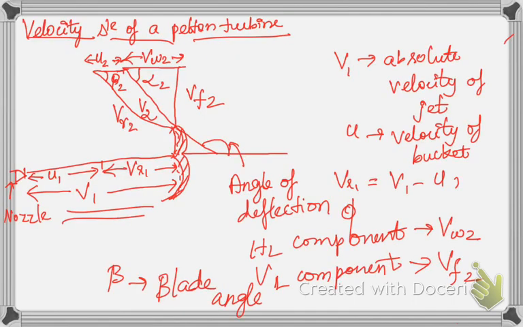The general points to remember are that U1 will be equal to U2, which is equal to U, equal to pi D N by 60. This is the formula for the velocity of bucket, and there is no angle in the inlet triangle.